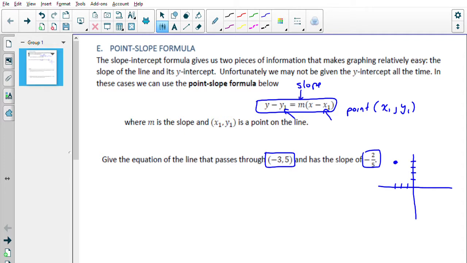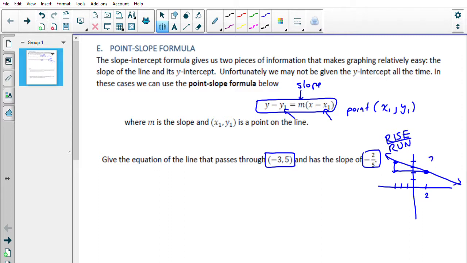And you're going to do a slope, rise over run. So your slope is going to be -2/5. So that would mean you would go down 2 and go over 5. And that's where your second point would be. And you could then draw your line through there to visualize what that is.